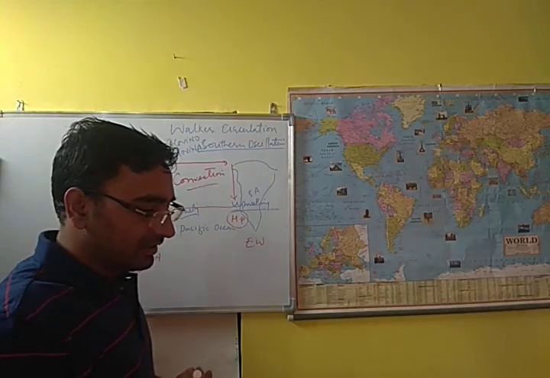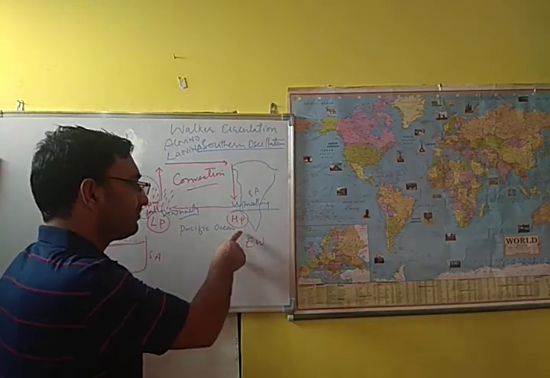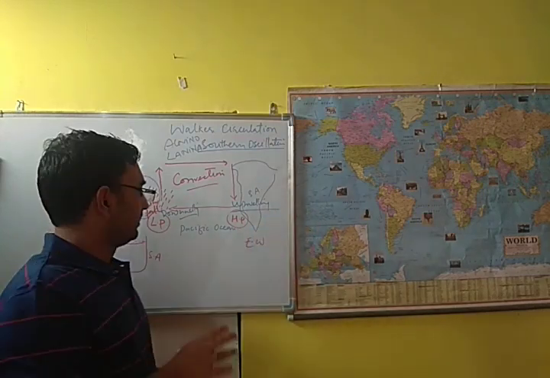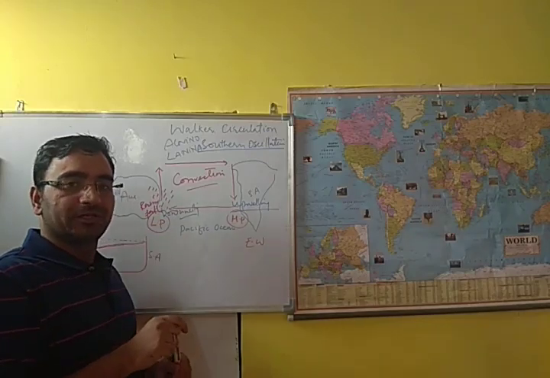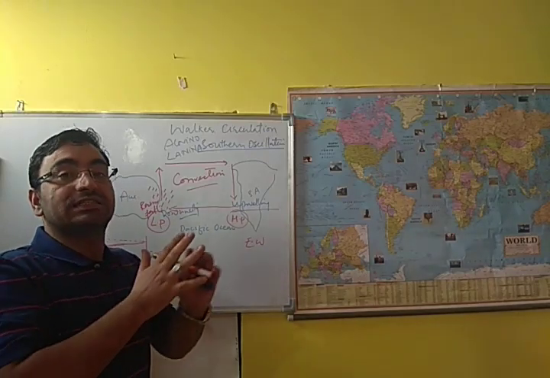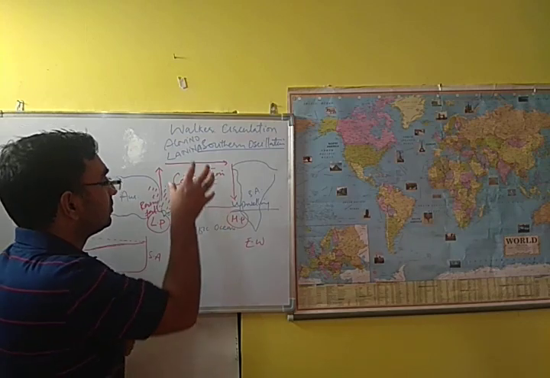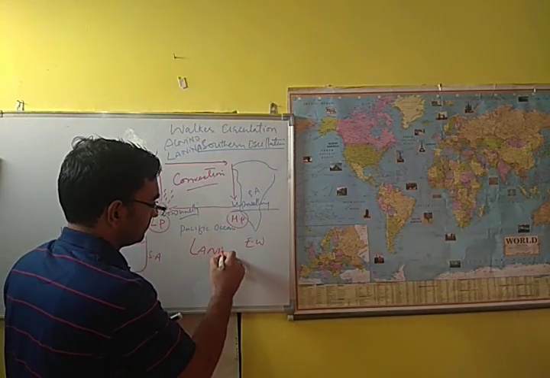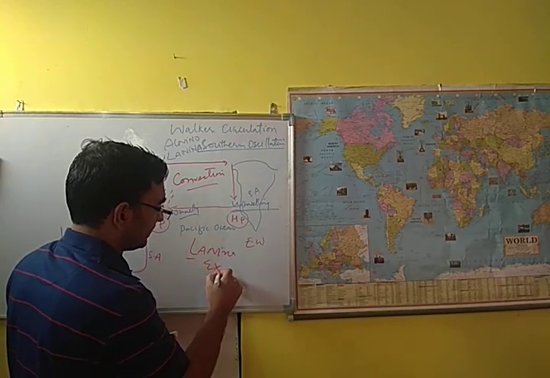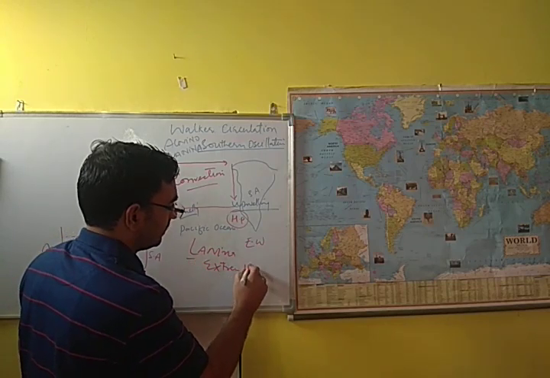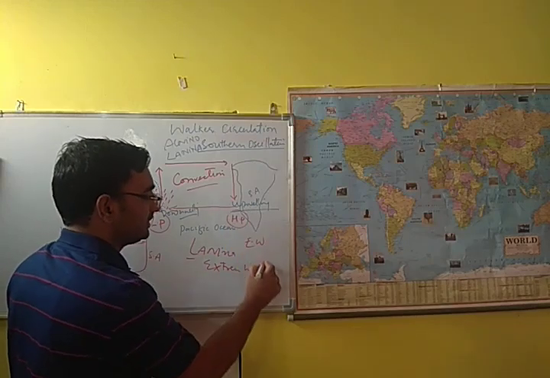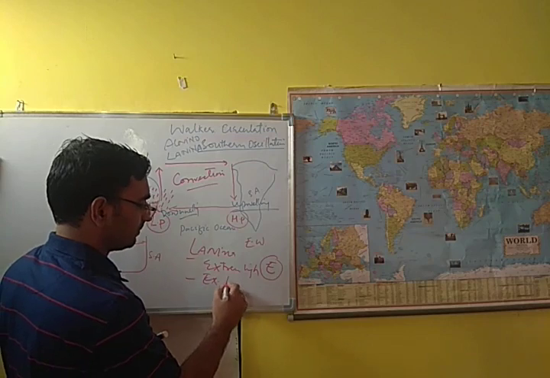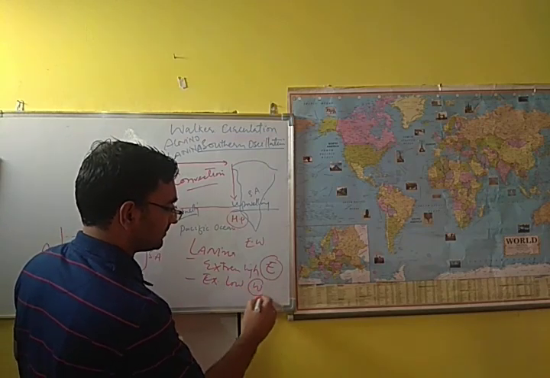So what will happen at the time of La Nina? This high pressure will remain high pressure, but it will become extremely high. This low pressure will remain low pressure, but it will become extremely low. So there will be extreme high in the eastern Pacific, and extreme low in the western Pacific.